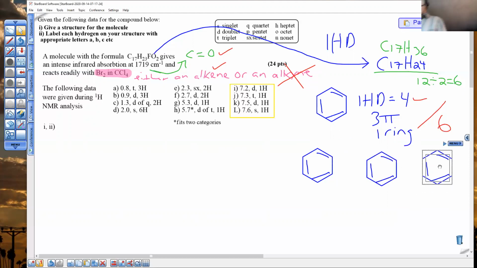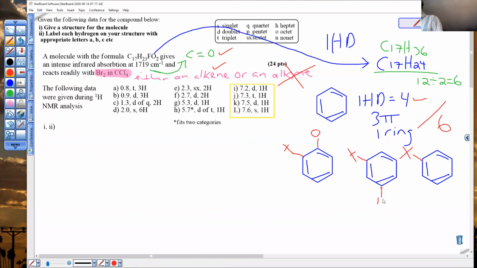And that just means if you have one group already on benzene, then ortho would be here, and meta would be either here or here, and para would be straight across.